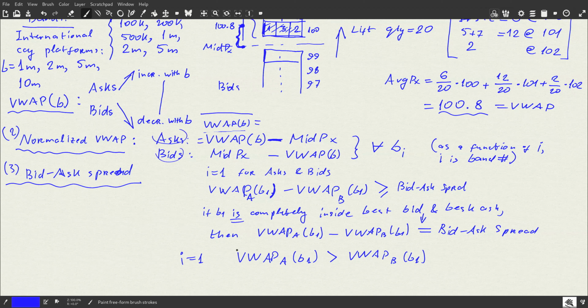So suppose that this normalized VWAP is significantly greater on one side than on the opposite side. What does it mean?